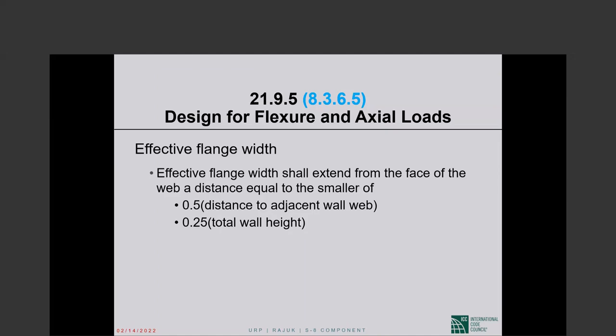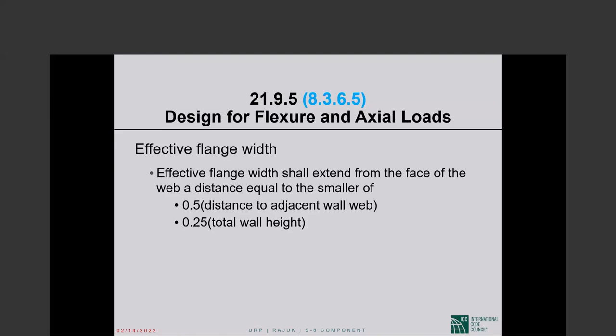and so the smaller of 1/4 of the total height of the shear wall, 1/4 of the total height, or half the distance to the next wall. Total height. So if the height of your shear wall is 200 feet, you are talking about 50 feet overhanging flange width.